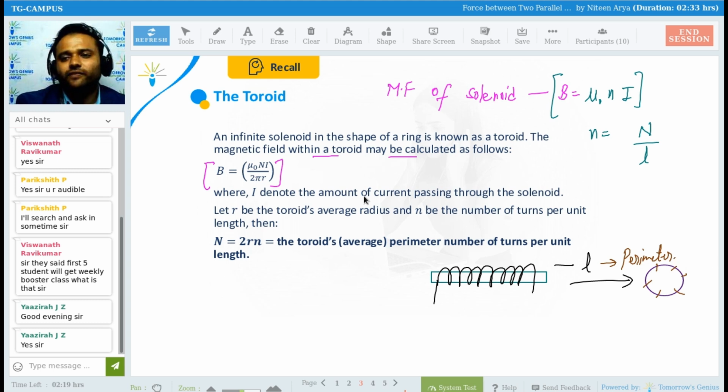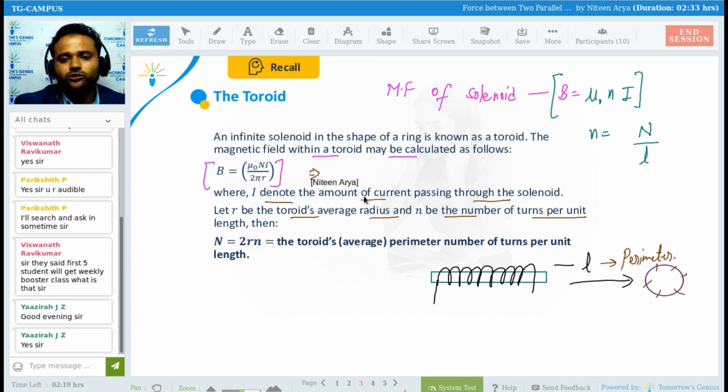So instead of writing small n, we can do this also, where i denotes the amount of current passing through the solenoid, r is the toroid's average radius, and n is the number of turns per unit length. Then capital N equals 2 pi r n, the toroid's average perimeter times the number of turns per unit length. As simple as that. Is this clear?